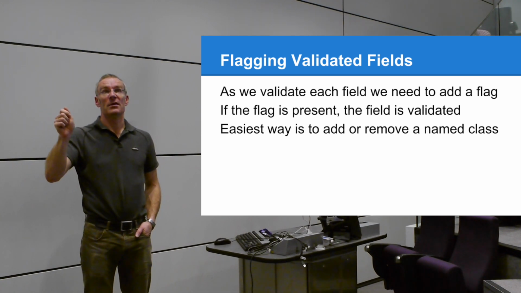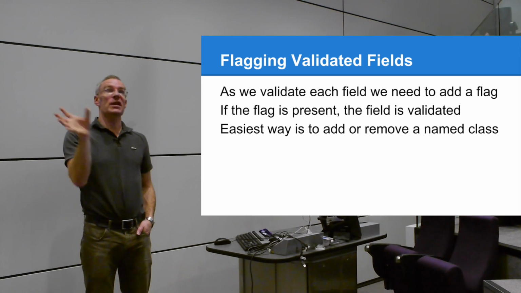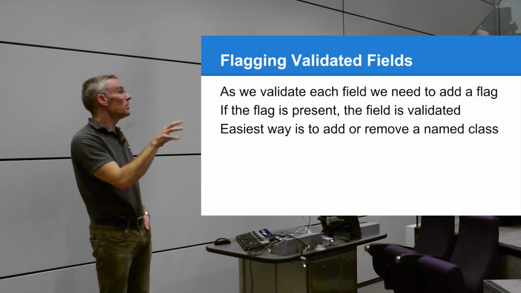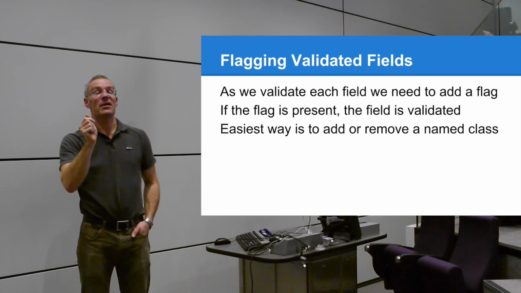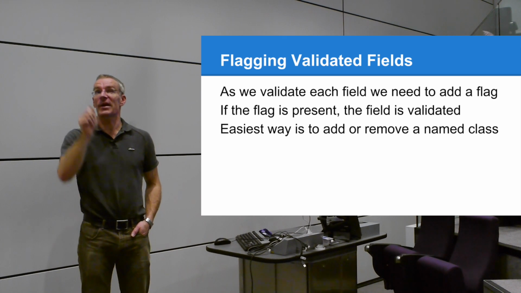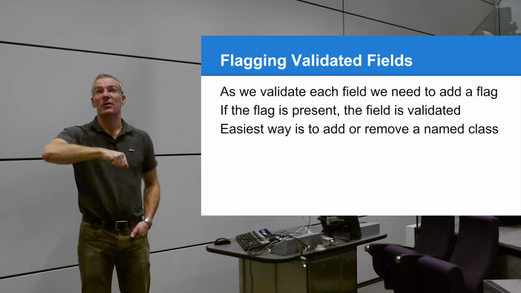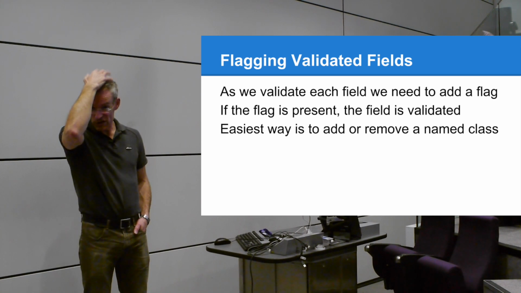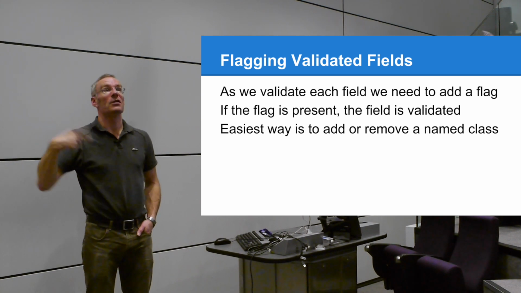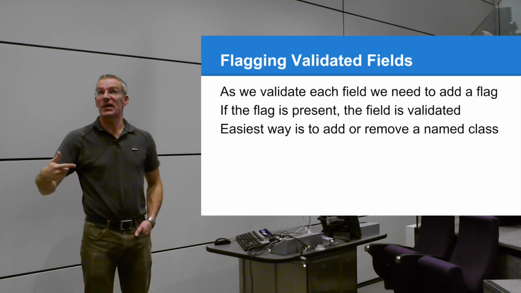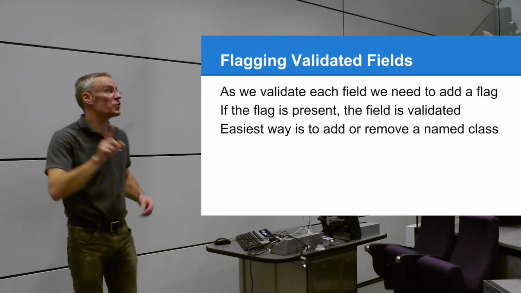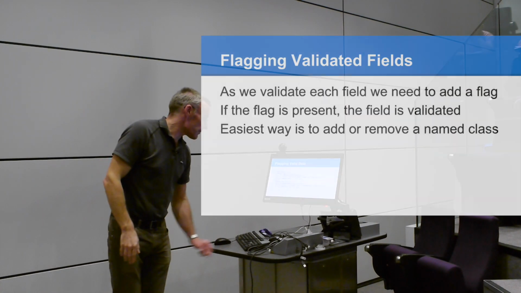That makes sense? So as I leave the field, I want to check the data, put some error messages. If everything's cool, I want to stick a flag on that to say this contains valid data. And if they go back and change it and invalidate it, I want to take that flag away. Because then what we're going to do eventually is loop through all the fields to check them all, make sure everything's valid before we submit the form. So we've got to make sure that we have flags.